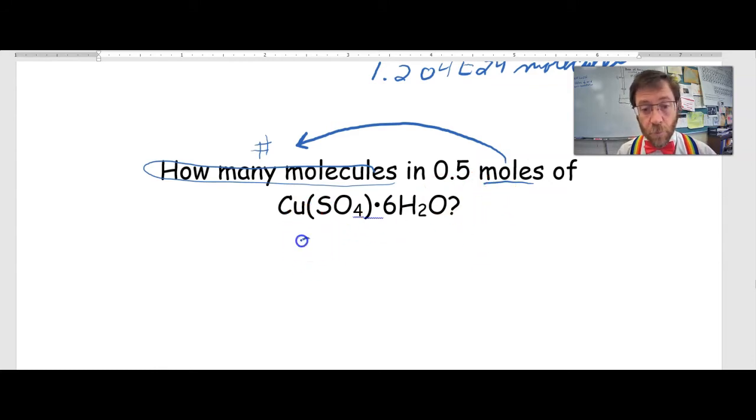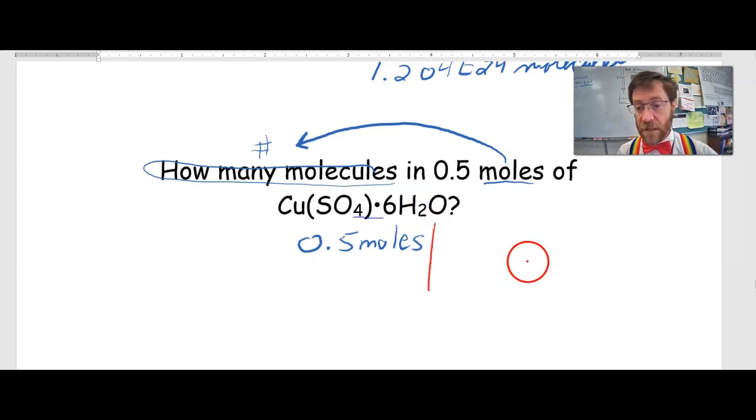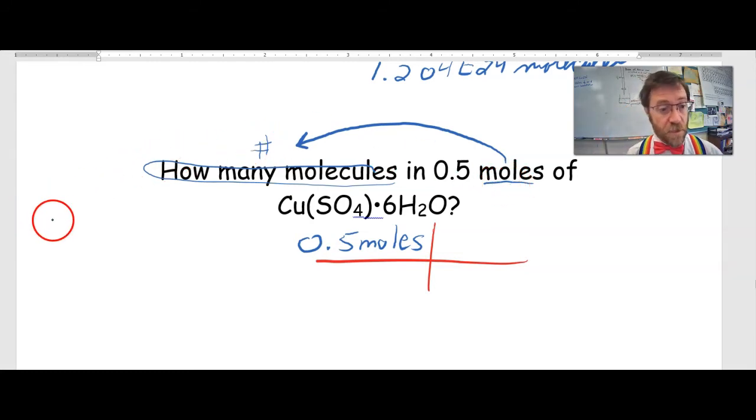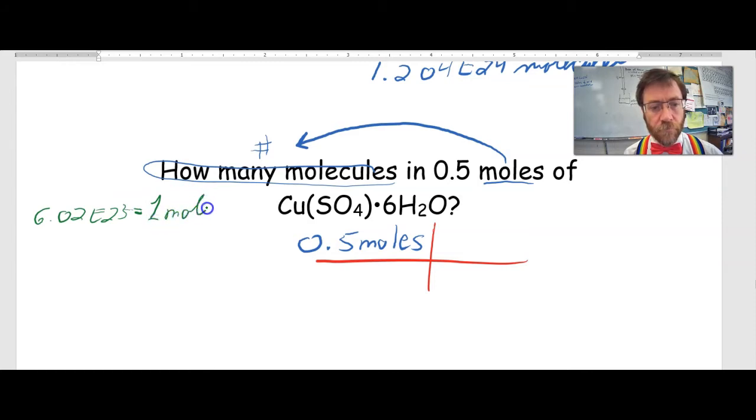I'm starting with 0.5 moles, and I'm going to put that in the upper left of my lines of pain. Now the equality I'm using has moles and numbers, so we know that 6.02 times 10 to the 23 of anything is equal to 1 mole. So if I have moles in the upper left, I'm going to want moles in the bottom right.